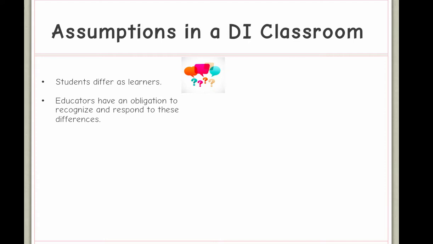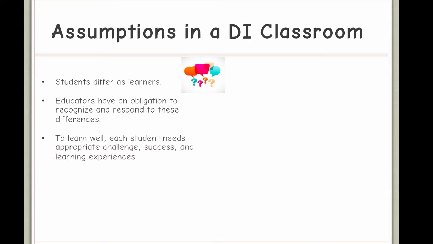I believe very strongly that teachers must accept the fact that students have different learning abilities and preferences, and it is their obligation to meet those individual student needs. And if you don't recognize that, I don't think you belong in a classroom.